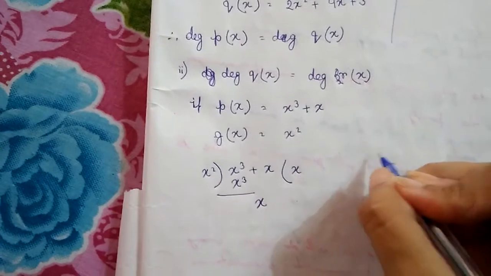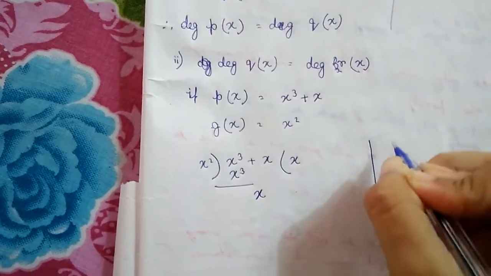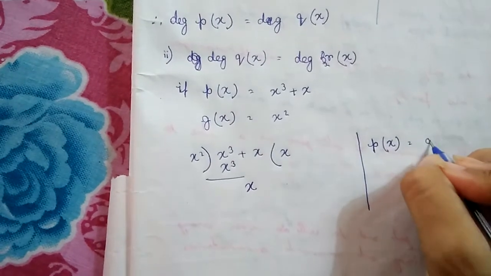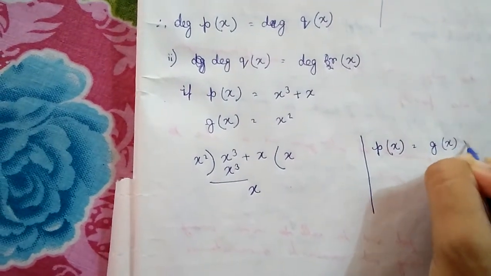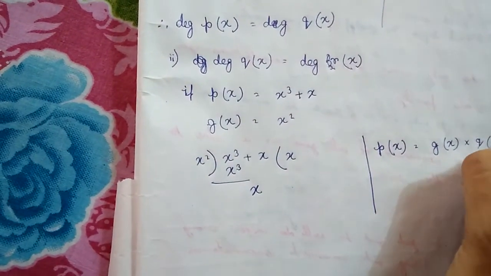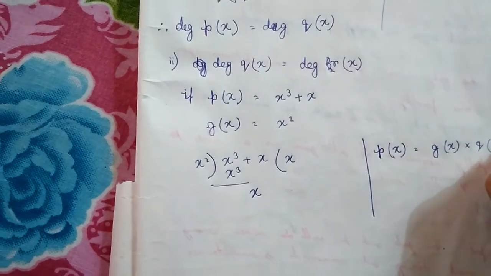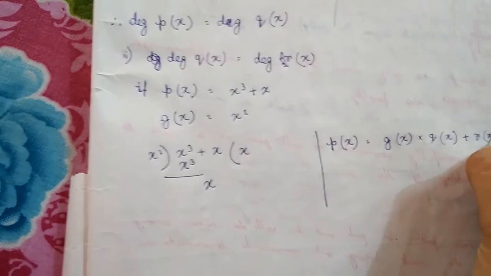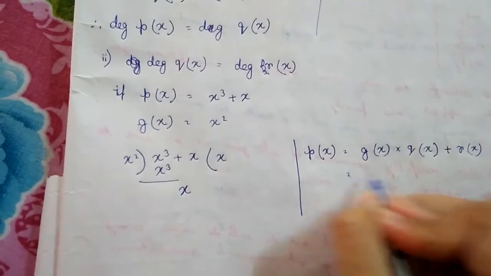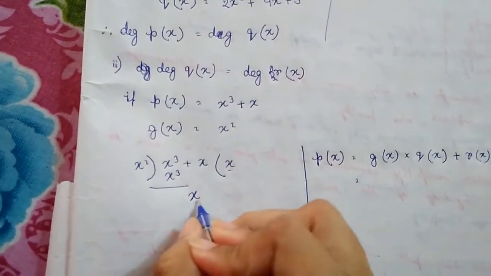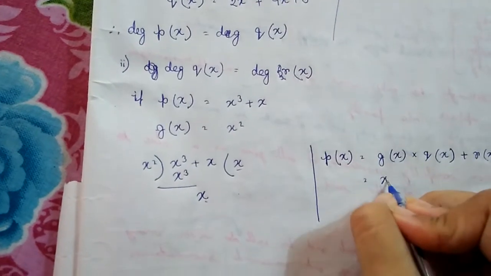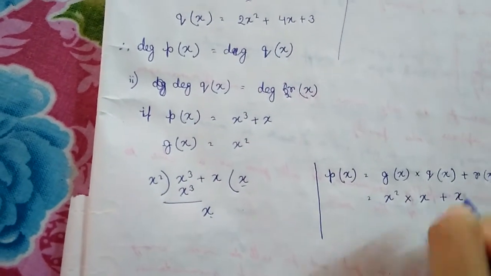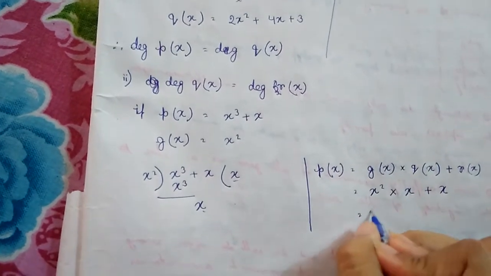So you can verify it this way also. p(x) equals g(x) into q(x) plus r(x). Now g(x) equals x square, q(x) equals x, plus r(x) equals x.